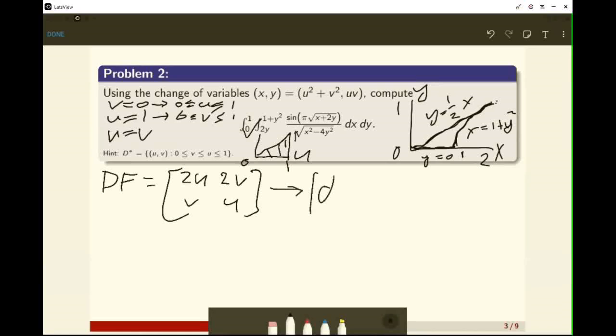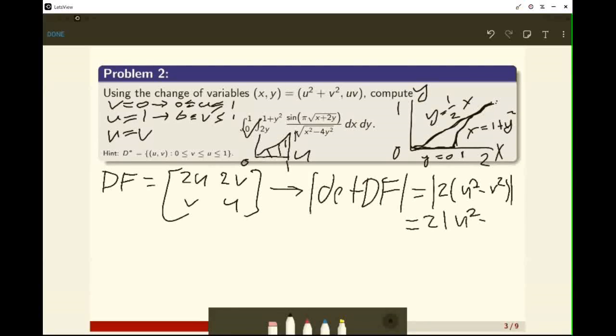And so our area element is going to be the absolute value of 2u squared minus 2v squared, which is twice the absolute value of u squared minus v squared.